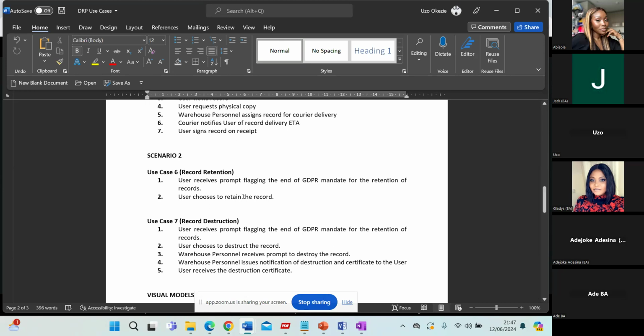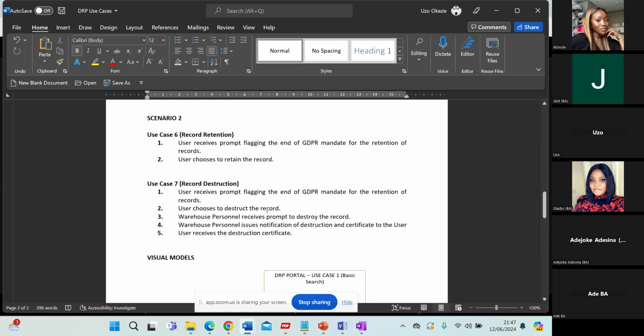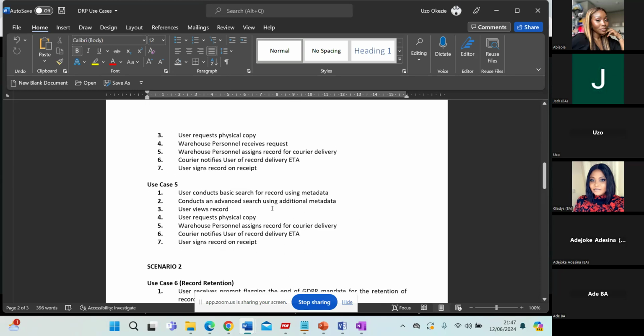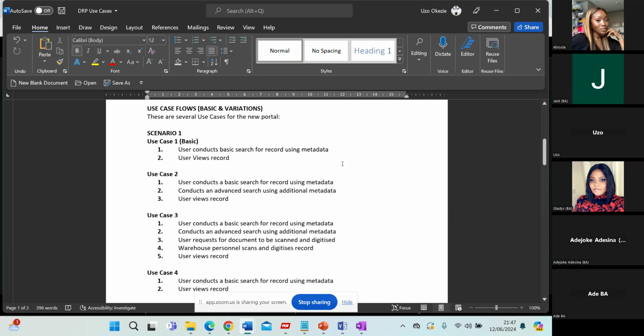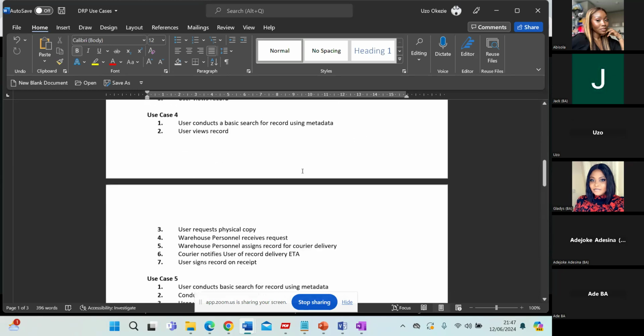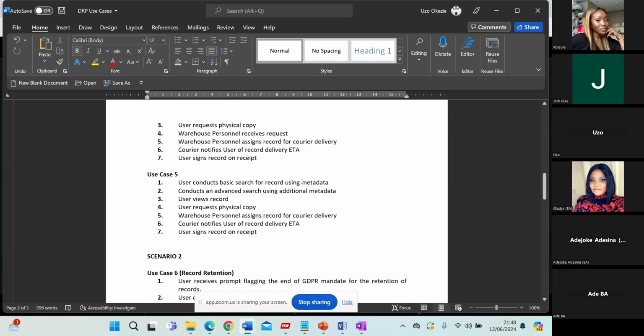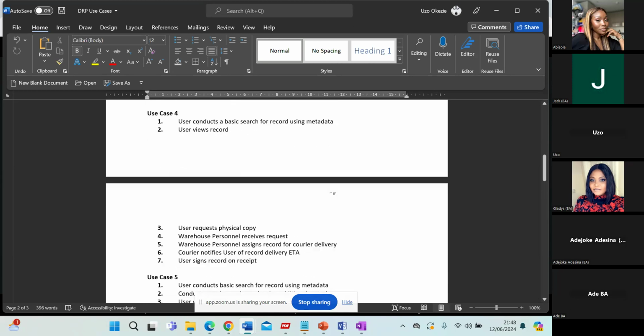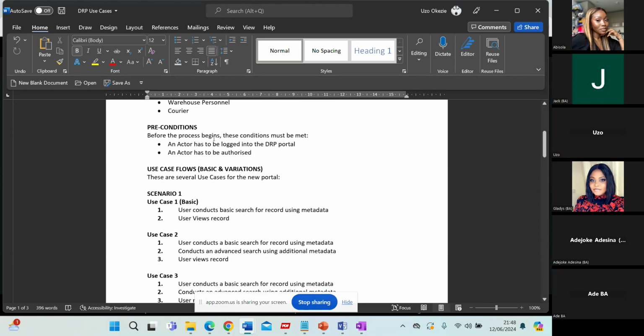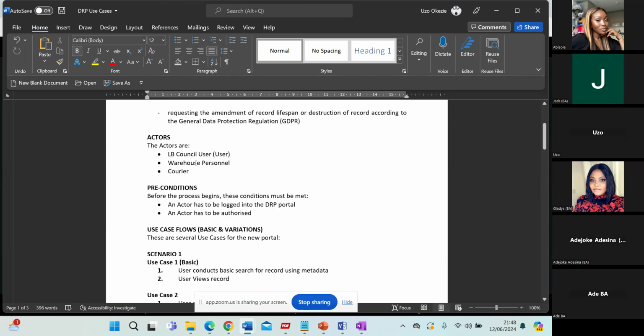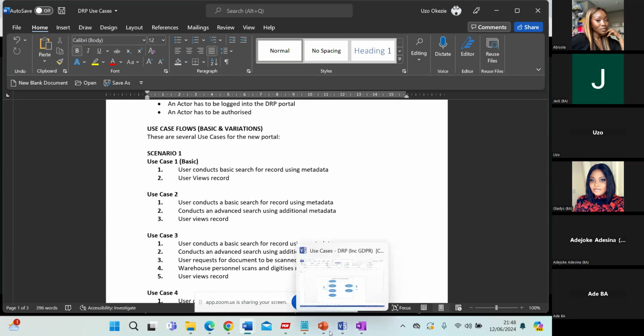I want the council to keep my record, or I want the council to delete it. So these are just a few of the scenarios or use cases that show interactions between these three actors only. These are the people we're talking about, and these are the use cases.